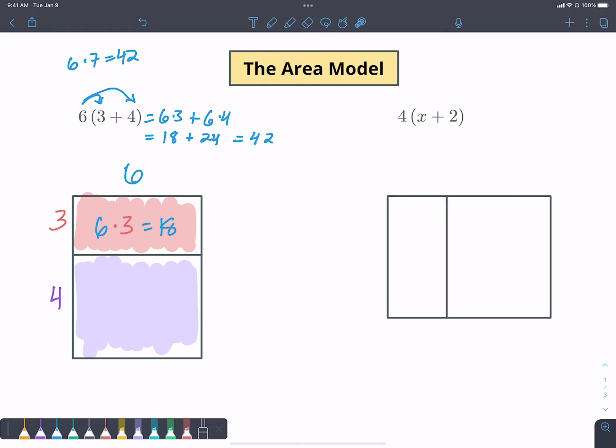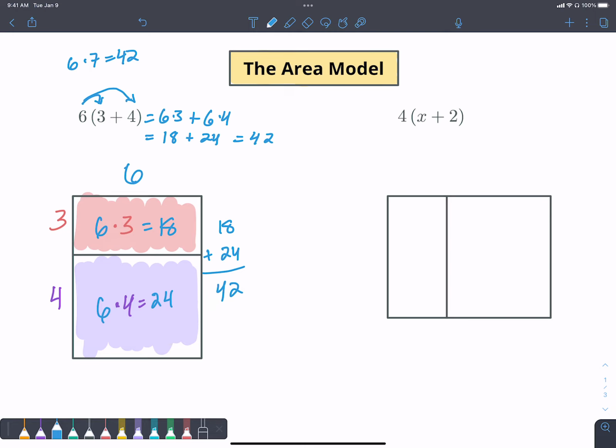If we take 6 times 4, we're going to get 24. And so here we have our 18 plus 24, and we get our value of 42. Of course, like I said, that's what we already know. We've done that many times. We know what that outcome should be.